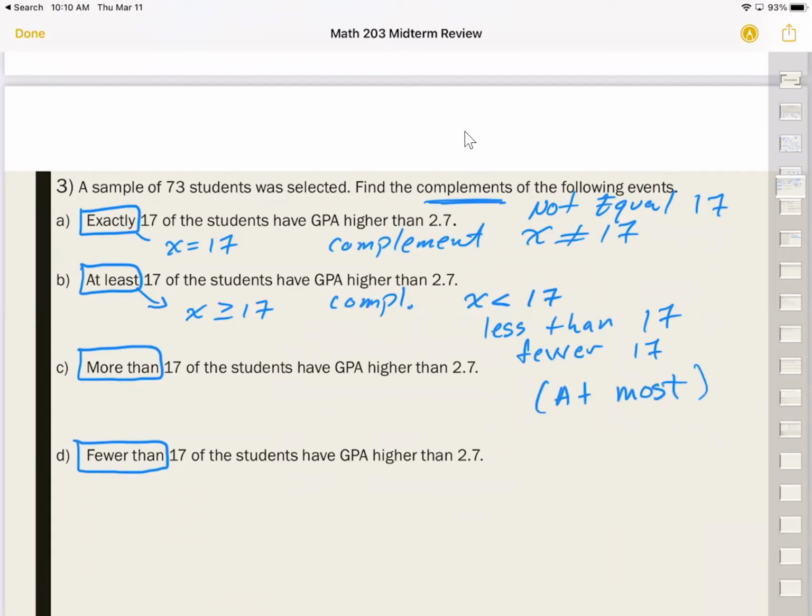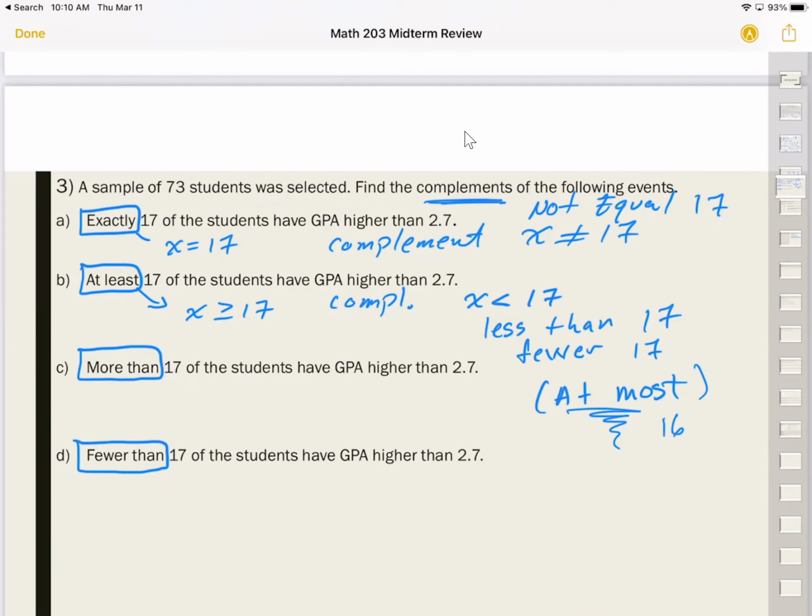The word at most is the maximum you can get. The word at least is the minimum you can get. If you use at most, it will be at most 16, meaning the highest number you can pick is 16. So again, less than 17 means you cannot pick 17, you can only pick 16.